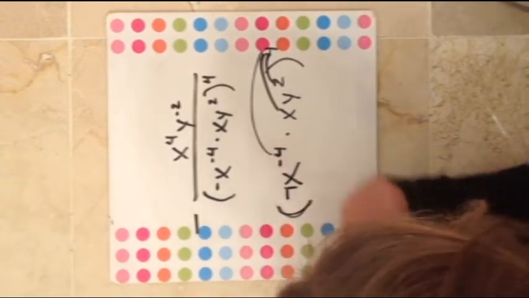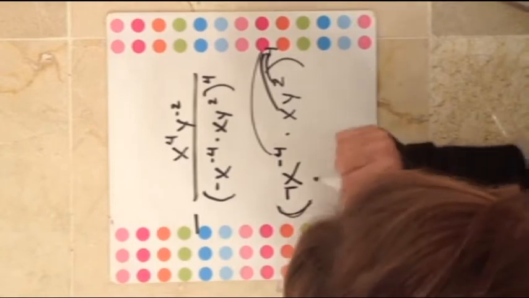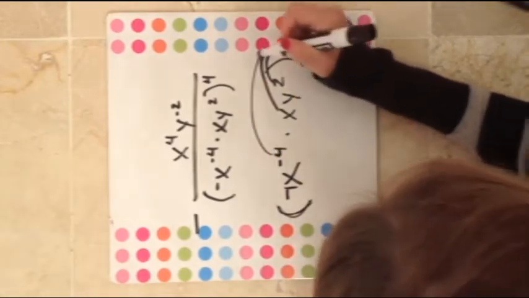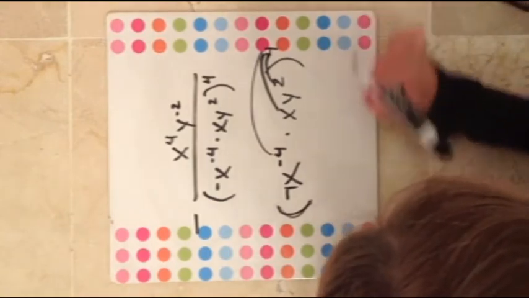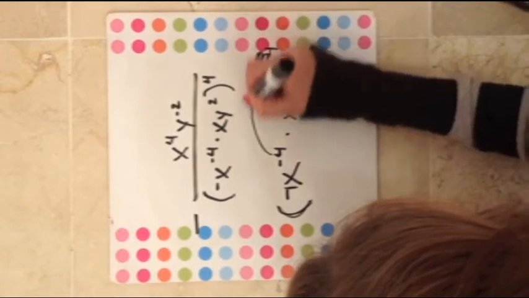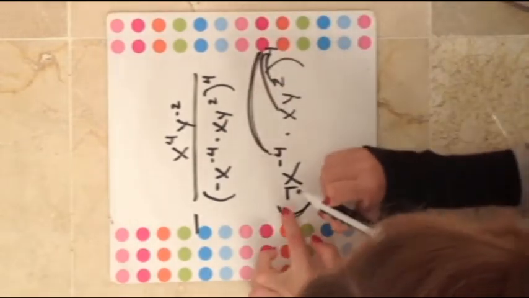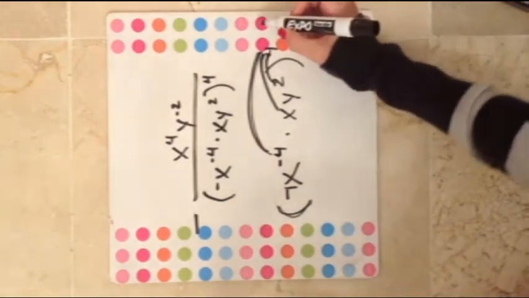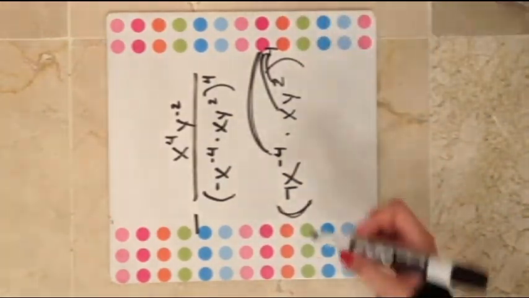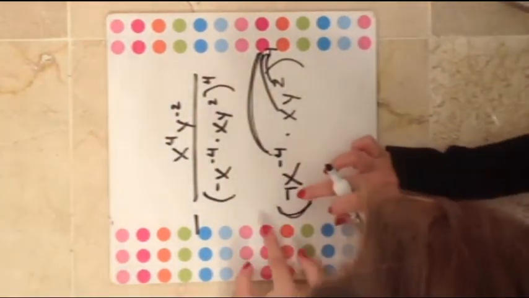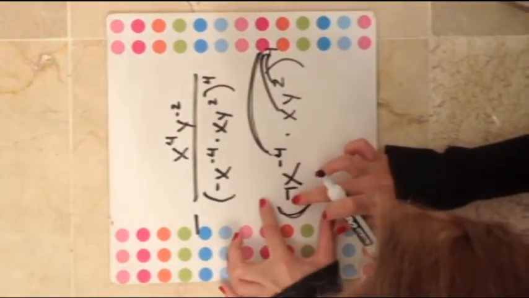So that is actually negative 1 to the power of negative 4 times x y to the power of 2. Okay. What you do is you first need to do negative 1 to the power of negative 4. That is actually positive 1. So you just need to get rid of the negative sign.